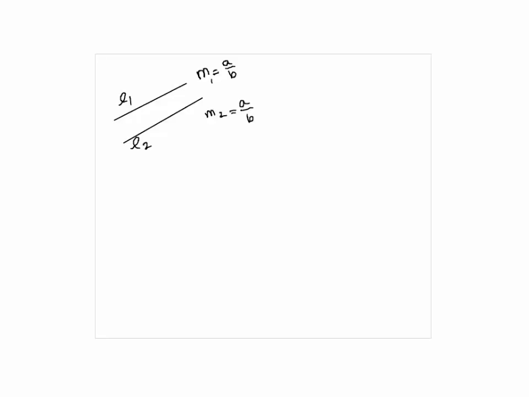If two lines are perpendicular, somebody tell me what is the relationship between their slopes? If the slope of this line here is A over B, what's the slope of the other line? Okay, Yvonne typed B over A. Victor?